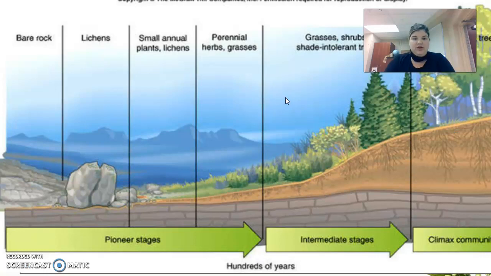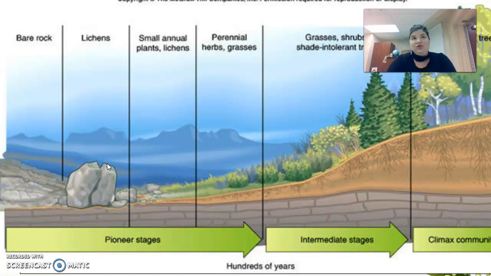Okay, so here is a look at what the stages of primary succession look like. You can notice that we start with bare rock, and then rock slowly gets covered in these moss-like plants called lichen. You've probably seen them around your house, or maybe in a park.